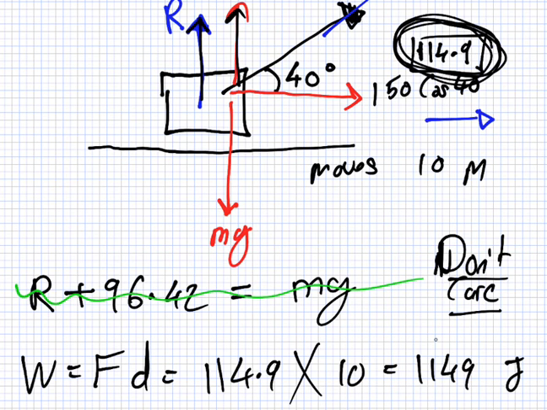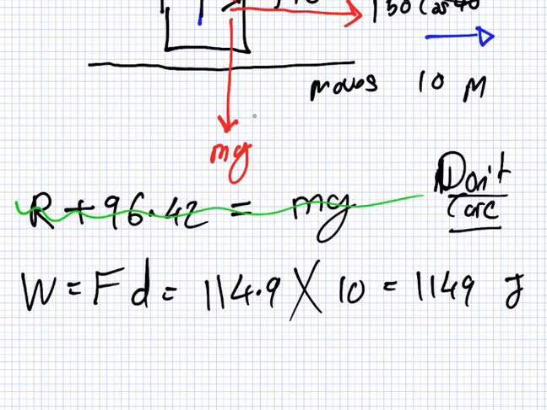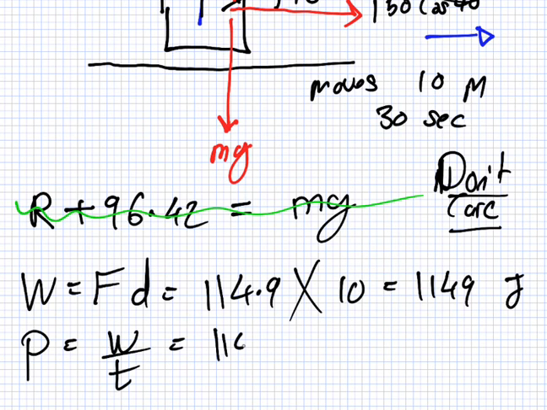Now, if this took, let's say, 30 seconds, what's the power? Power is the work done over the time, which is 1149 divided by 30. Can you tell me this, please? What is it? 38.3 watts.